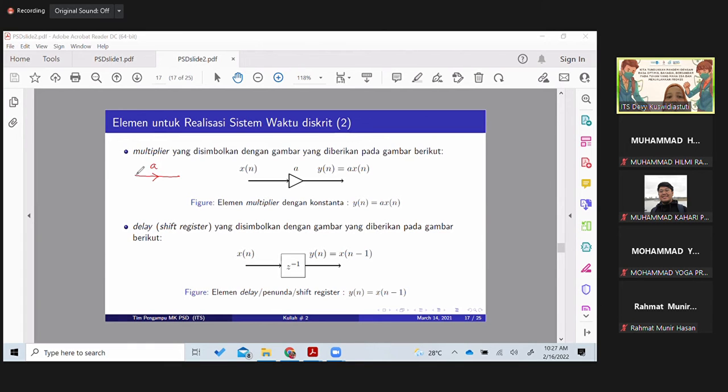You can also draw it as a multiplier. Then y[n] will equal a times x[n]. There is also a small triangle here. This is a multiplier element with a constant value, which is written on the upper side of the triangle, in this case above an arrow.